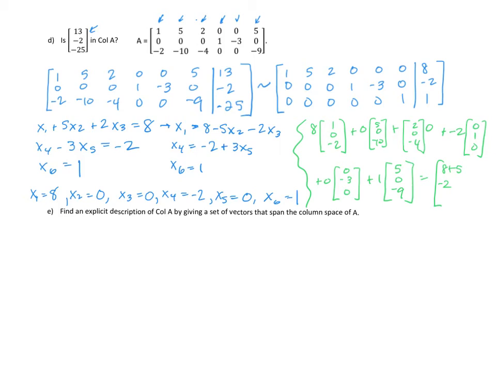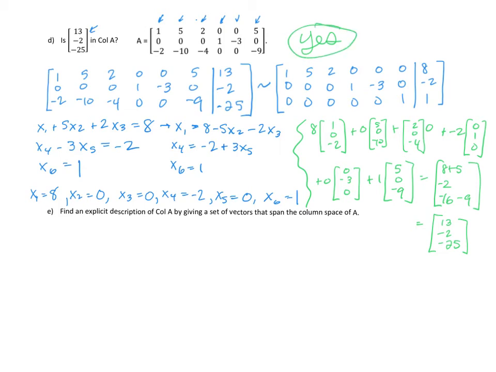And then my third entries, I get -16 plus 0 plus 0 plus 0 plus 0 minus 9. And that does come out to 13, -2, -25. So there are weights that you can put on the columns of A to build 13, -2, -25. So the answer is yes.